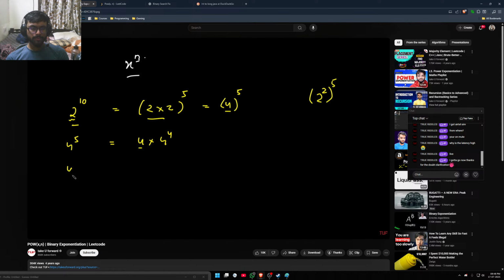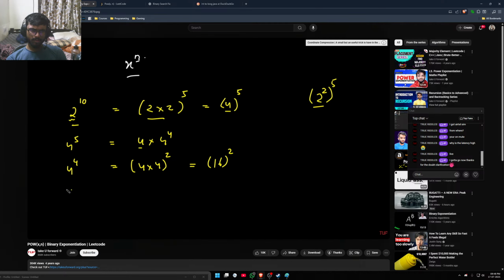So you'll try to find out 4 to the power 4, which basically means 4 into 4 to the power 2. Similar to what we discussed over here, because this is 4 to the power square to the power square. That means 4 to the power 4. So this can be written as 16 to the power square.